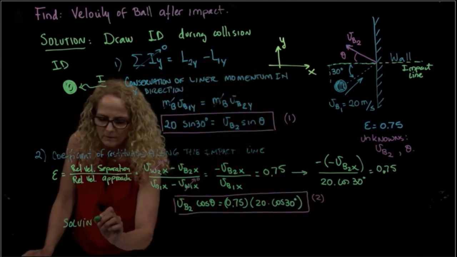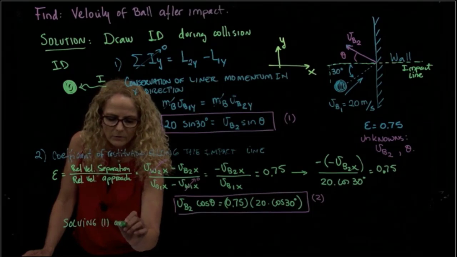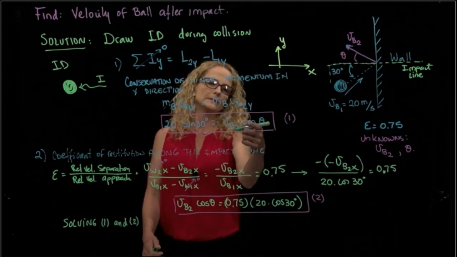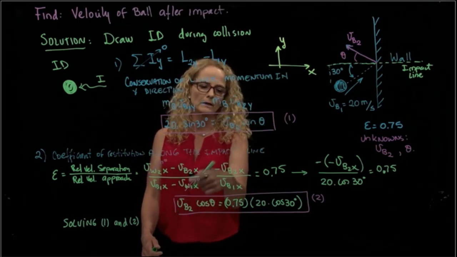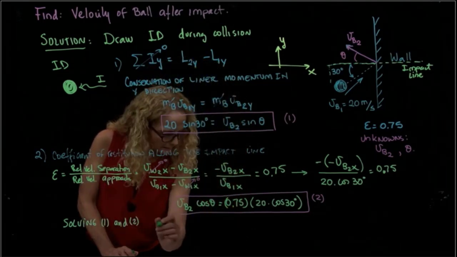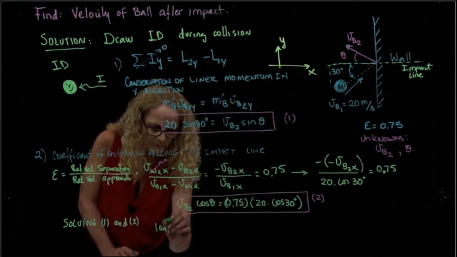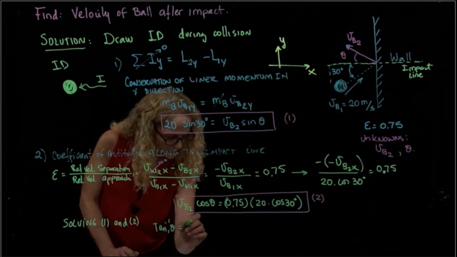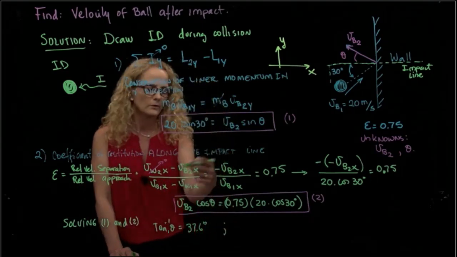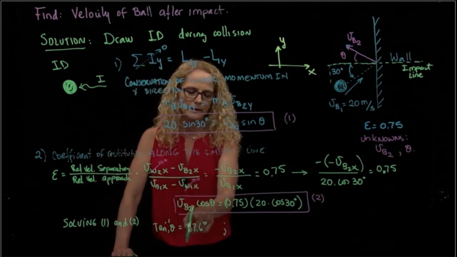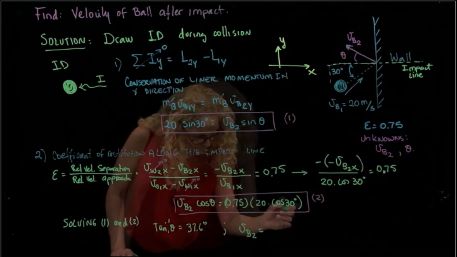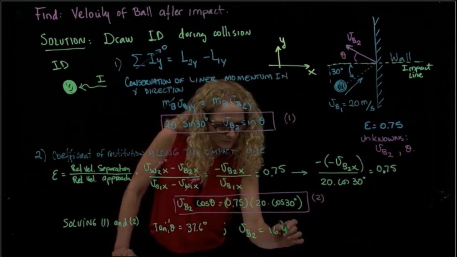Solving 1 and 2, if we divide them, we get the tangent and the velocity v cancels out. With the inverse tangent, I find theta. Theta is equal to 37.6 degrees, and we can solve for the velocity v once we already have that angle, and the velocity v is equal to 16.4 meters per second.